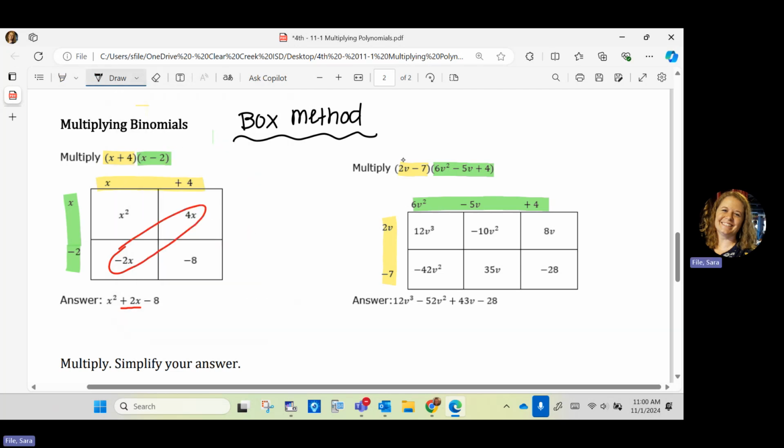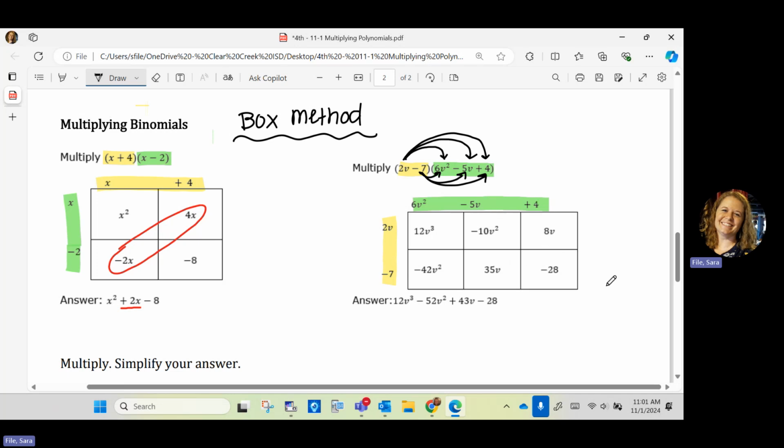That 2v needs to be distributed to all 3 terms here, and that's what this top row is showing: the 2v times 6v squared, the 2v times -5v, and the 2v times 4. And then the -7 has to be distributed to all 3 terms, and that's what this bottom row is showing: -7 times 6v squared, -7 times -5v, and -7 times 4.